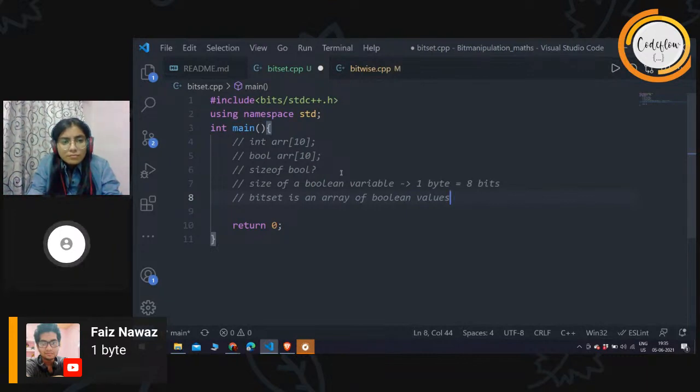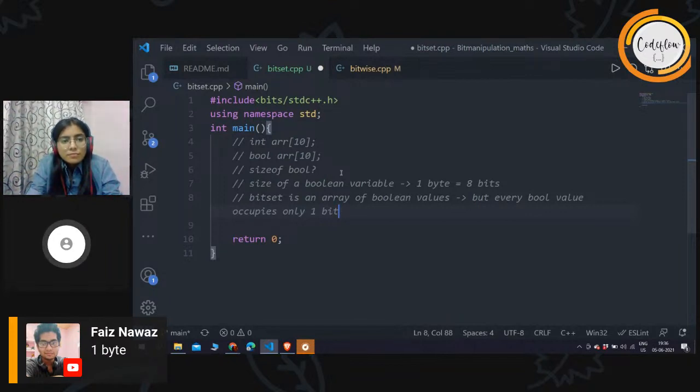Bitset is an array of Boolean values, and in this, at every index there will be a Boolean value, but every bool value occupies only one bit, right?